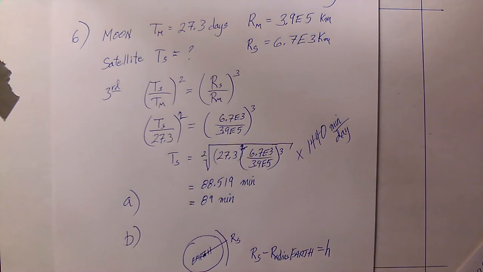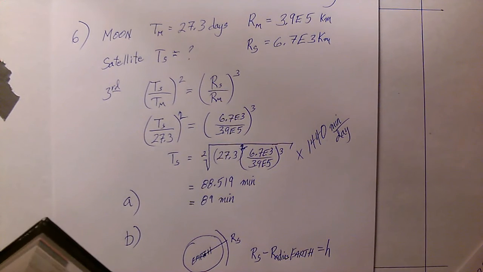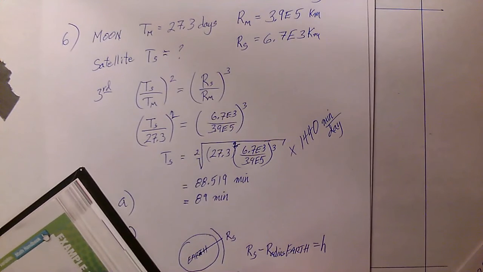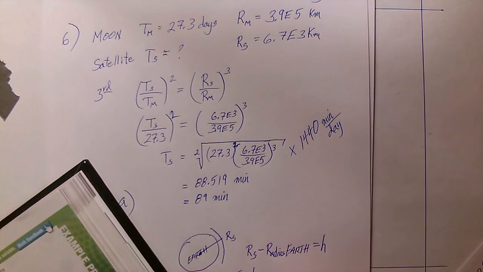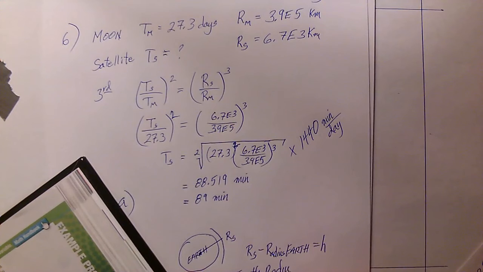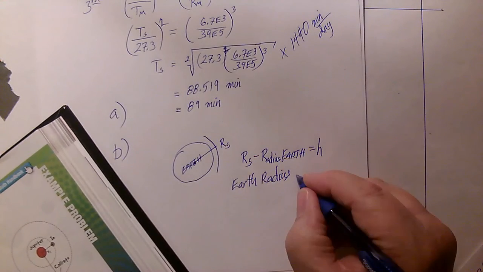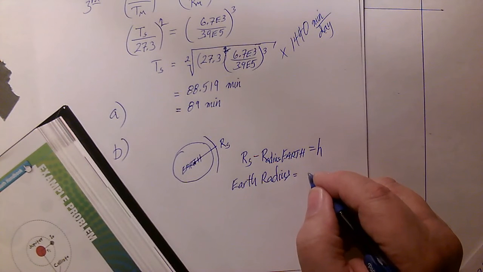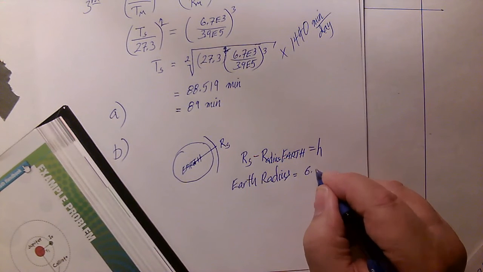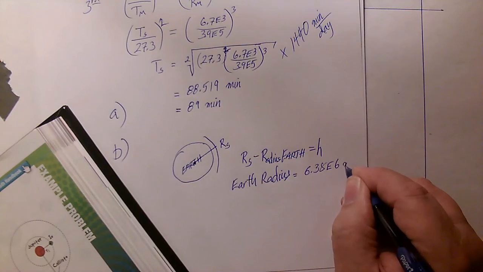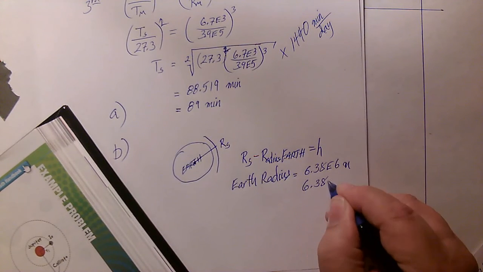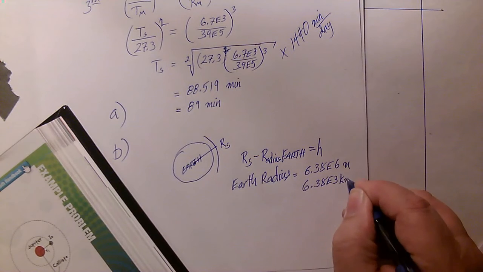And we're using the Earth having a radius of, let's see, Earth radius is on page 180, 6.38 E6 meters, which is 6.38 E3 kilometers.